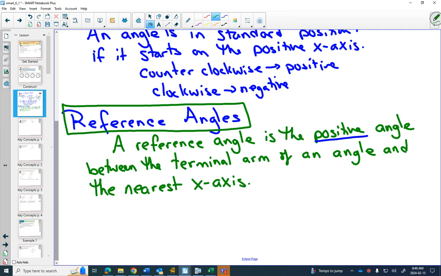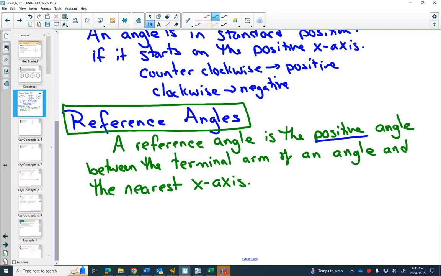It's always positive. So that's why I underline positive. Between the terminal arm, where the original angle ended. So terminal means to end. Where an angle ends, we call that the terminal arm of an angle. And so if we go between where the angle ends and the nearest x-axis, never y-axis. Although sometimes you'll be tempted to go to the y-axis because it'll go really close to the y-axis and you're like, ooh, maybe I should label this one. No. It is always back to the nearest x-axis.